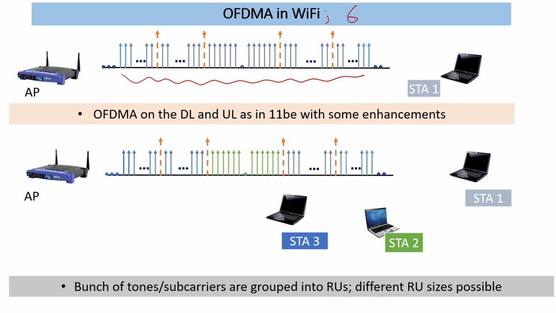But to the SU OFDM, where we divided the bandwidth, the minimum being 20 megahertz, into tones or subcarriers, we basically took those tones and grouped them into what are called RUs, and the access point could allocate different RUs to different users, both on the downlink and the uplink. This was supposed to address some high density problems, especially with short frames and so on.